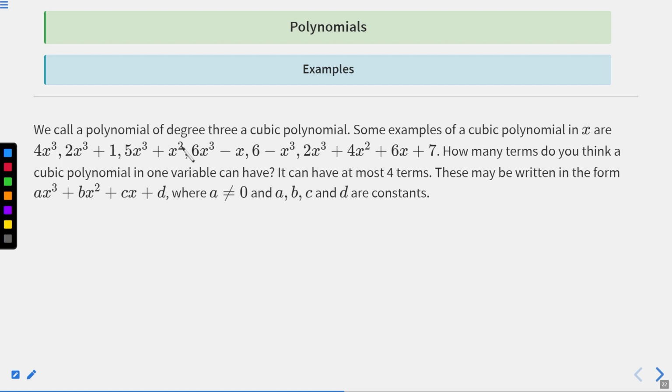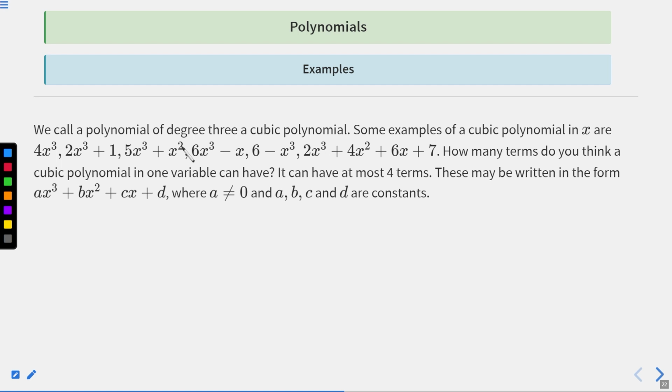How many terms do you think a cubic polynomial in one variable can have? It can have at most 4 terms. A cubic polynomial cannot have more than 4 terms.